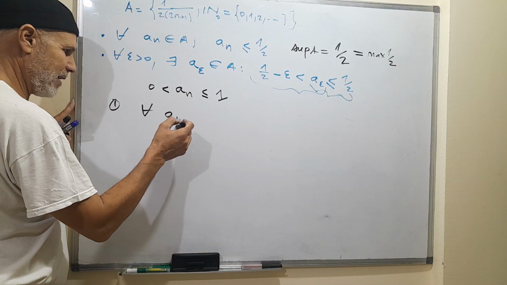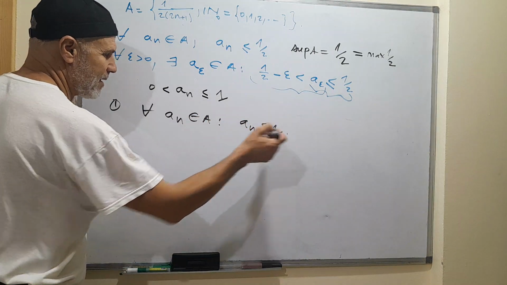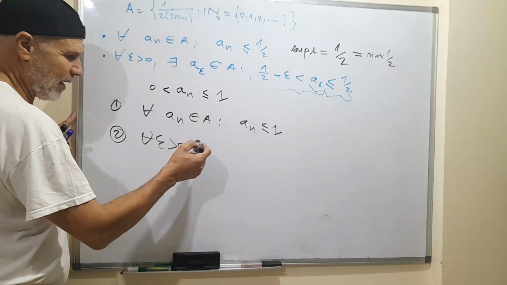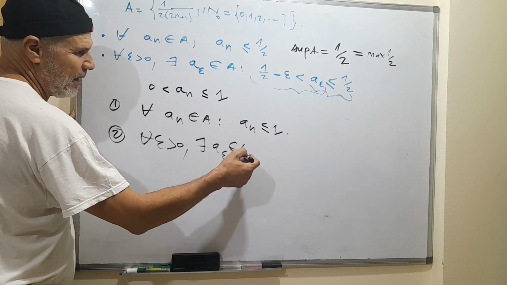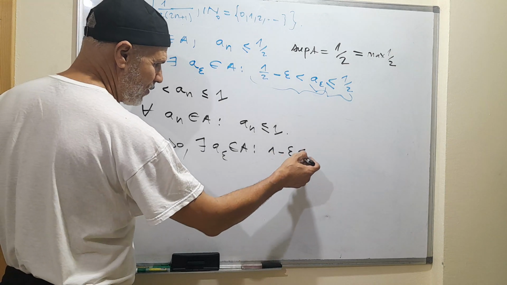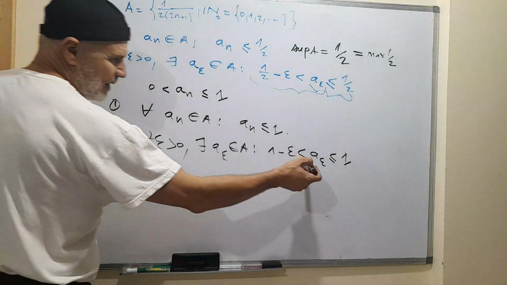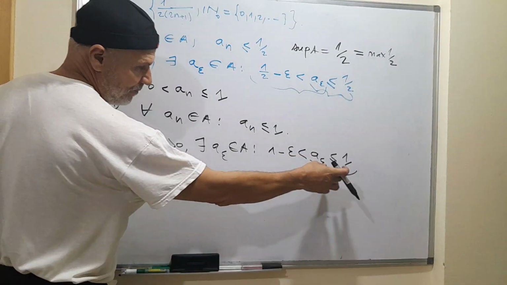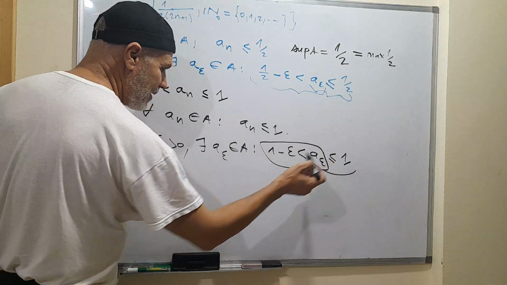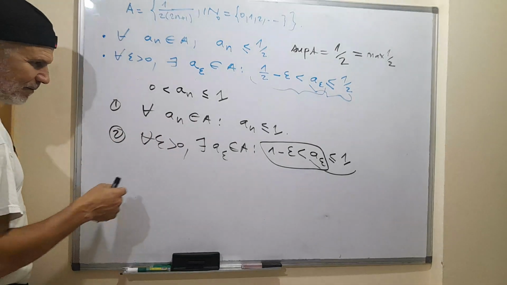Indeed, for any a_n from A, we suppose that we have this case. For the characterization, for any epsilon greater than 0, can we find a_epsilon from A such that 1 minus epsilon is less than a_epsilon less than 1? We suppose that by error we found this, and we try to verify that this is true. Can we find a_epsilon from A, which means n?